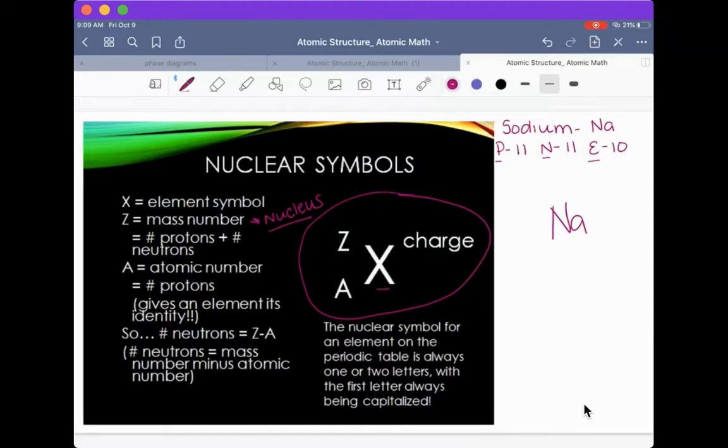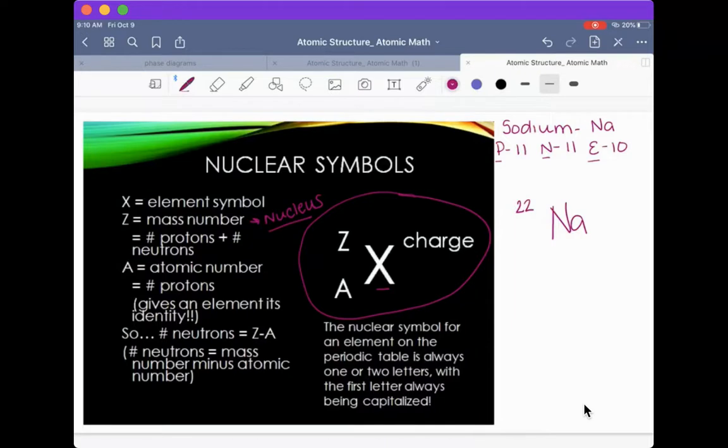So for the particular atom we're looking at, we are dealing with 11 protons and 11 neutrons. So that means its mass number is going to be 11 plus 11. So we are going to have a mass number for this particular sodium atom as 22. So I'm going to put that as a superscript in the upper left-hand corner.